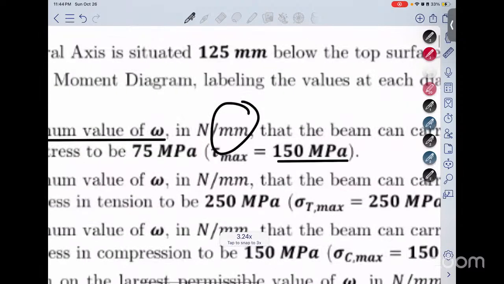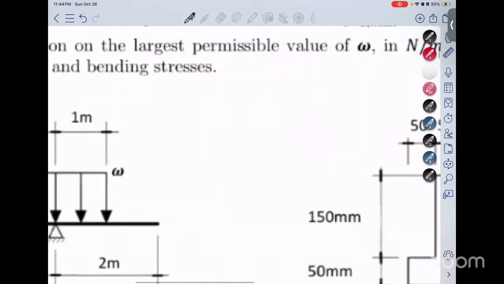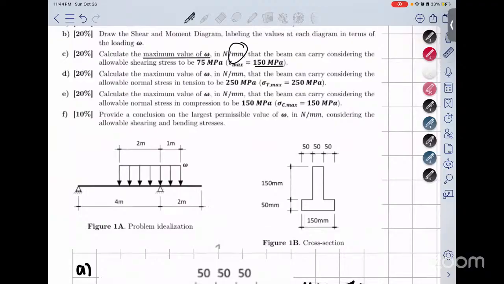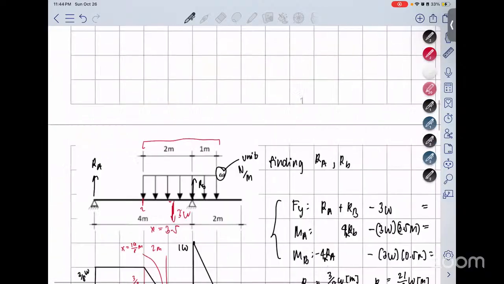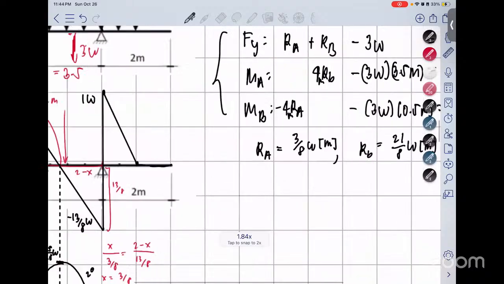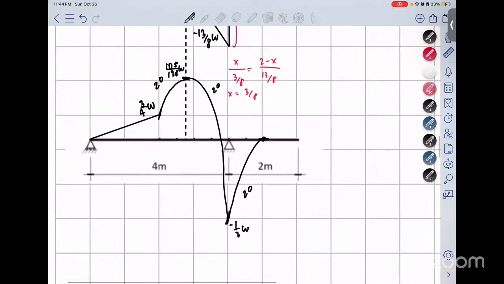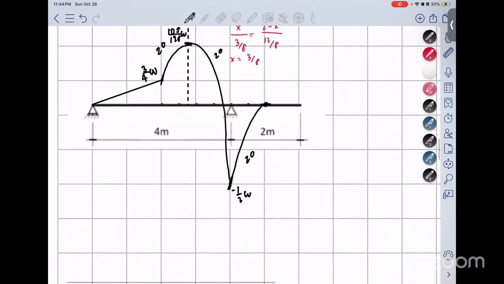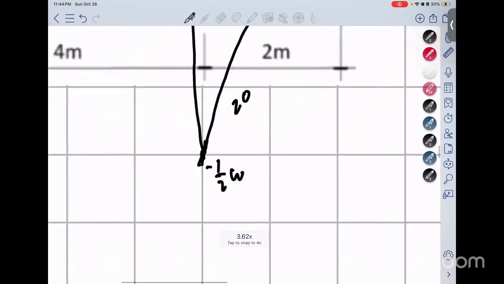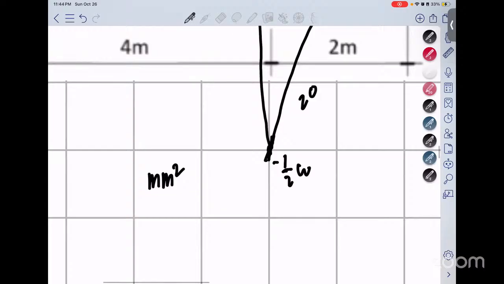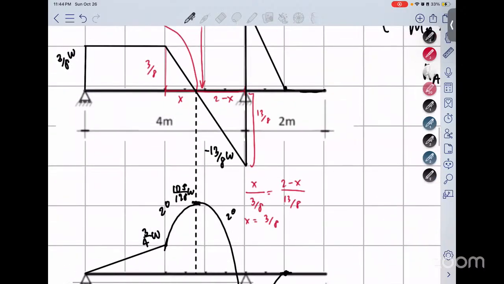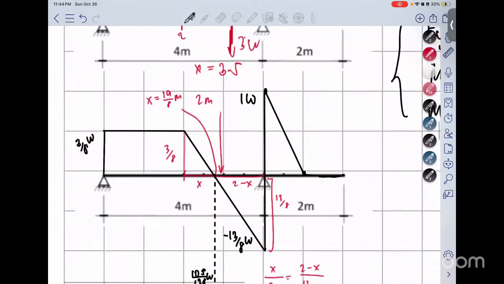Second trick is that this is in N per millimeter. We've been working with meter units throughout the whole time, which is why I wanted to emphasize this. So you can think that all the values here right now are in meters squared, because you multiplied meter values with lengths.